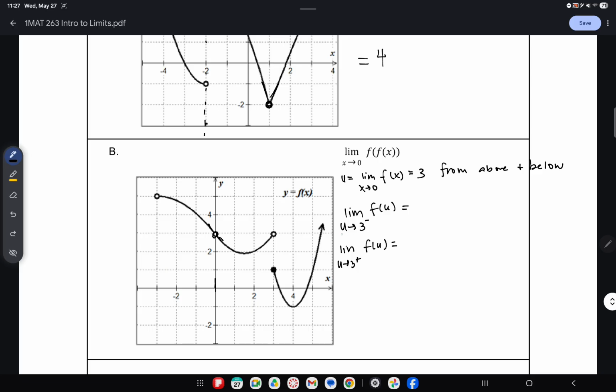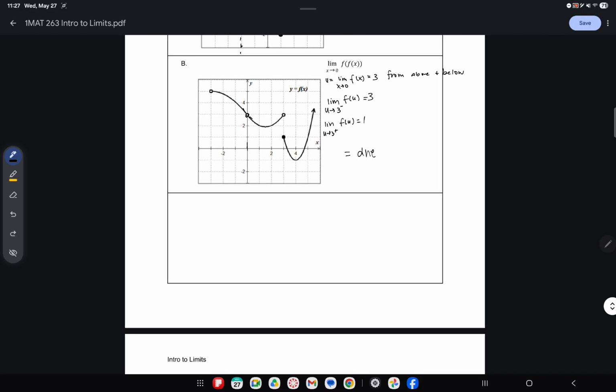So, all right, 3 from the left is 3, and 3 from the right is 1, and they do not match. So this entire limit does not exist.